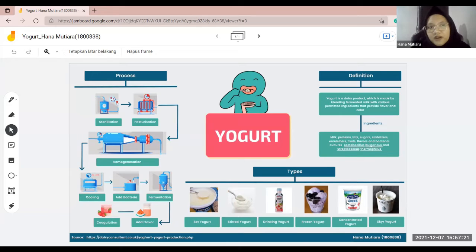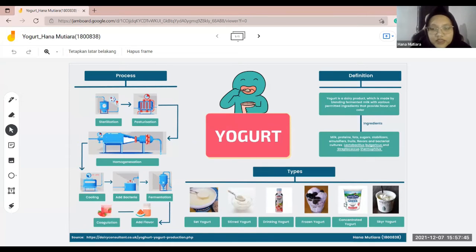I believe you often see this kind of yogurt in the store, right? So the example is Greek yogurt. It also follows the breaking of the coagulum, like stirred yogurt and also drinking yogurt.